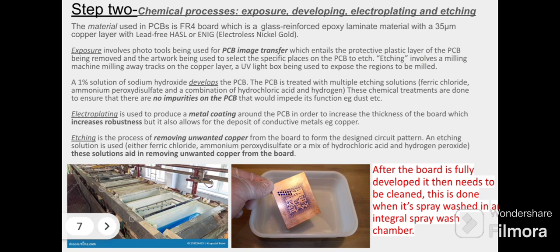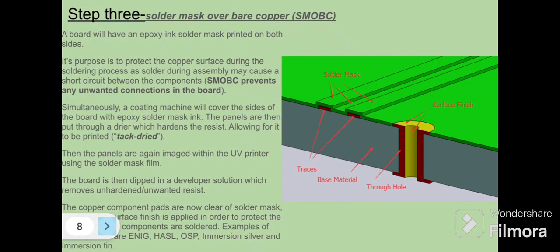Step 2, chemical processing: exposure, developing, electroplating, and etching. So as you can see here, the material used in PCBs is flame retardant fiberboard because it's important to have flame retardant materials as these boards tend to go through heat. Exposure just involves PCB image transfer, as you can see, and involves selective removing of the material in order to expose the copper rails.